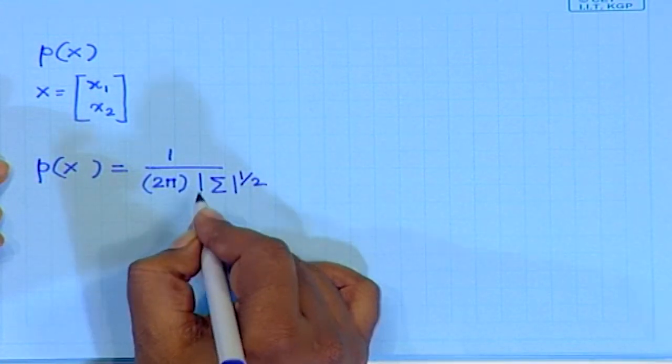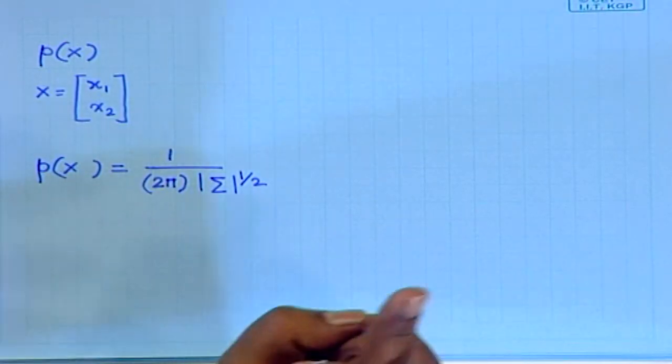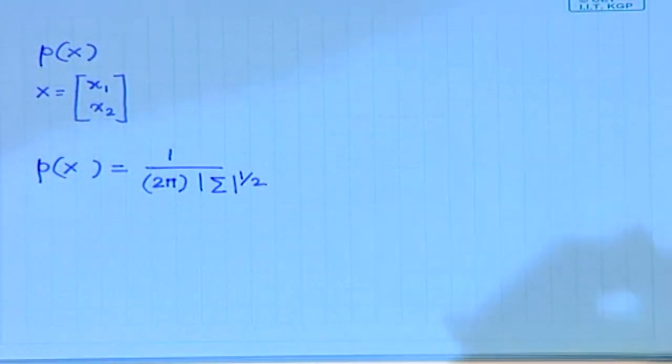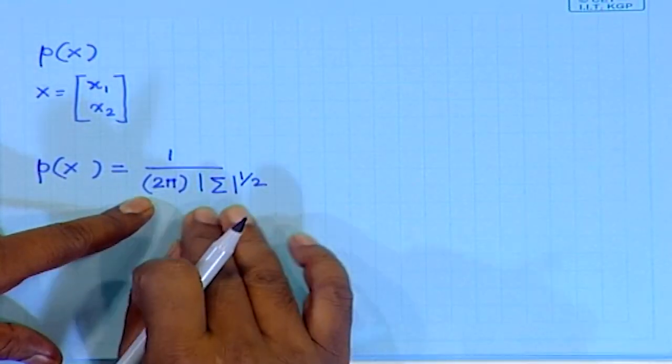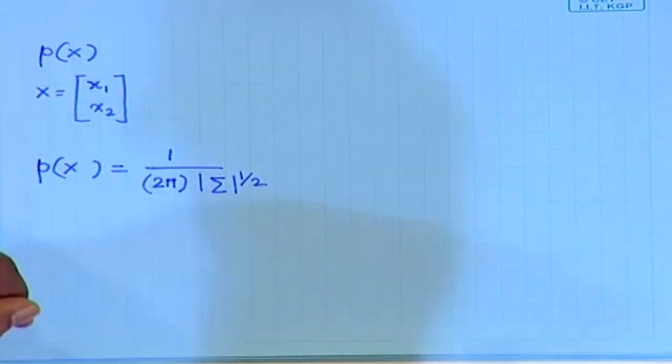When I say sigma within modulo form, it is nothing but the determinant of the covariance matrix, because I cannot take the square root of a matrix. However, I can take the square root of a determinant because a determinant has a value. A matrix does not have a value; a matrix has to be interpreted.